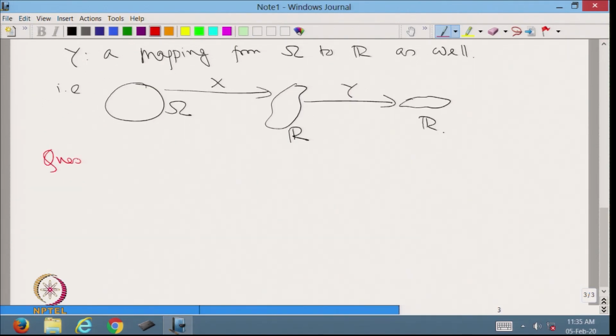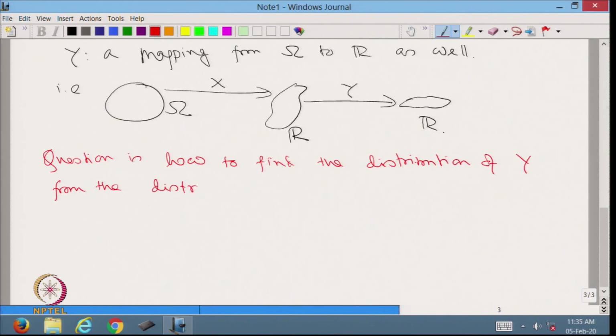The question is, how to find the distribution of Y from the distribution of X. We have already seen such things.